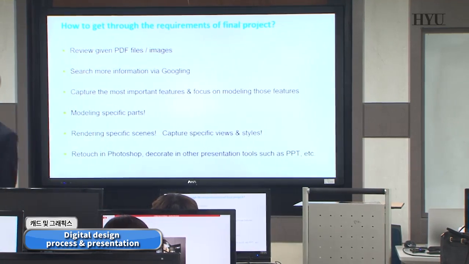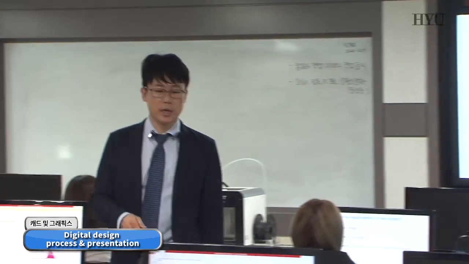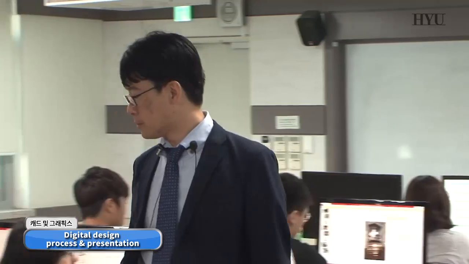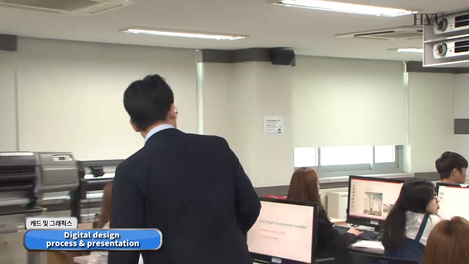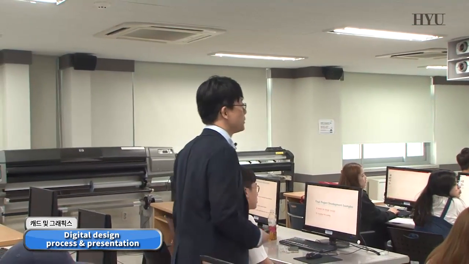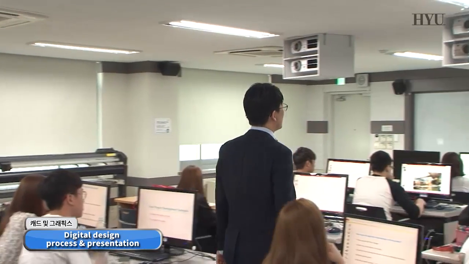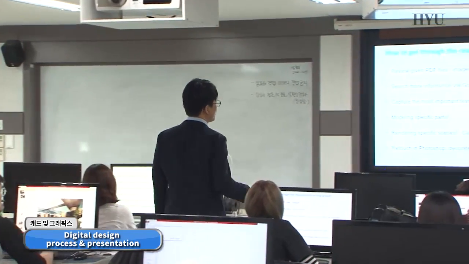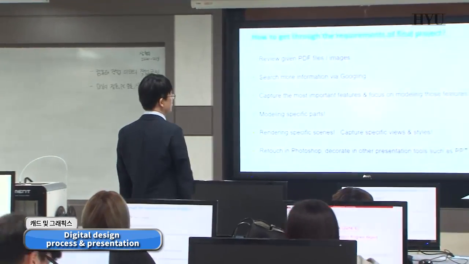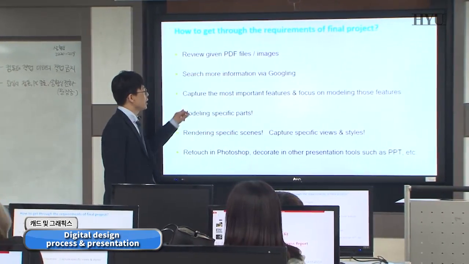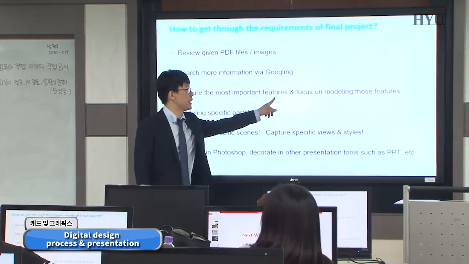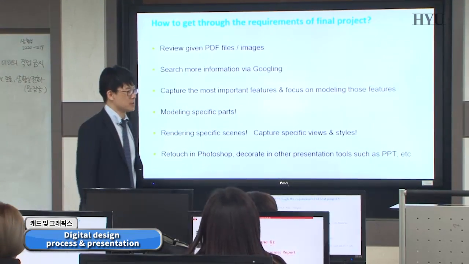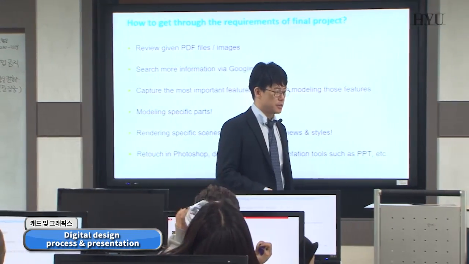So you already got such kind of existing designs. So you have to find out the concept first, okay? And for figuring out the concept, capturing the most important features and the concepts, you need more references, okay?